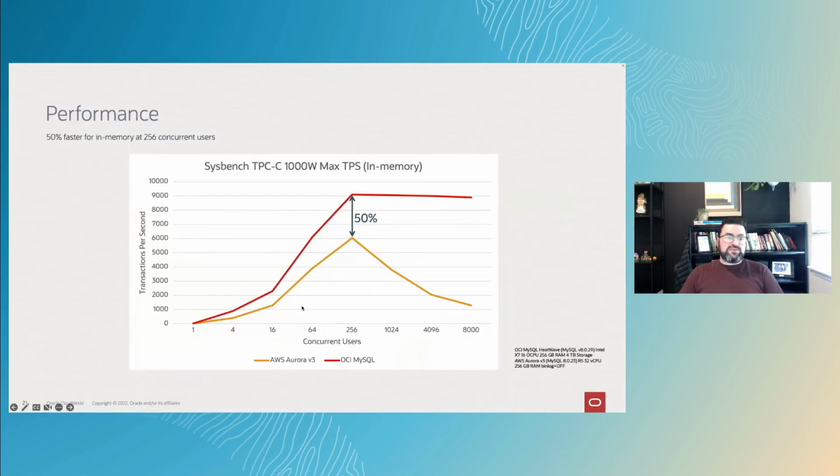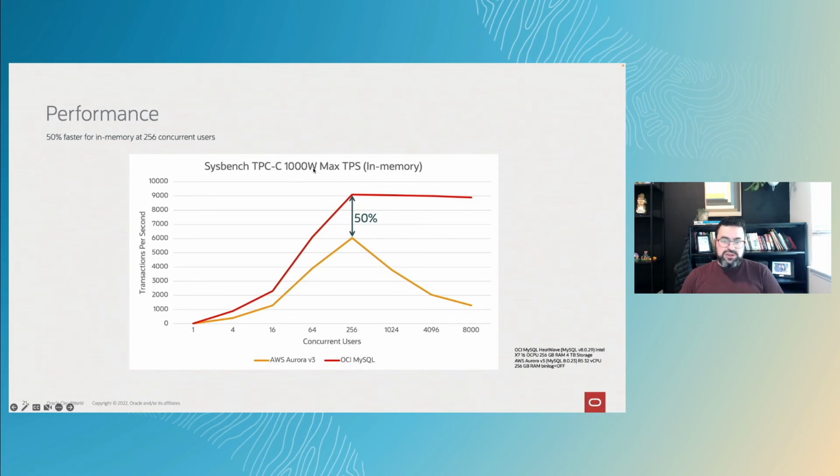Regarding the performance and cost, this is a comparison with Amazon Aurora. We used an Intel machine on our side to make a fair comparison: 16 OCPUs, 256 gig RAM, and in Aurora we used Aurora V3, which is the latest available.